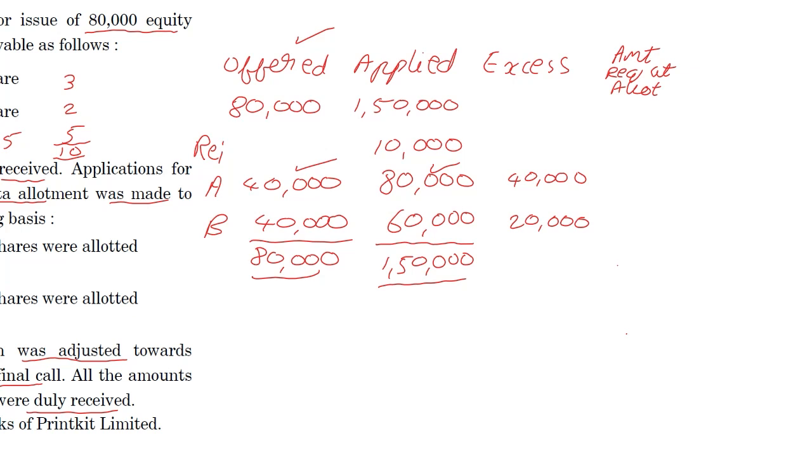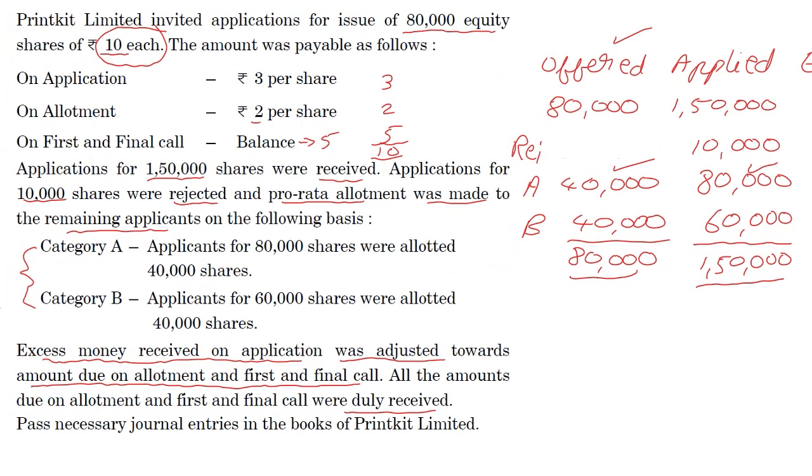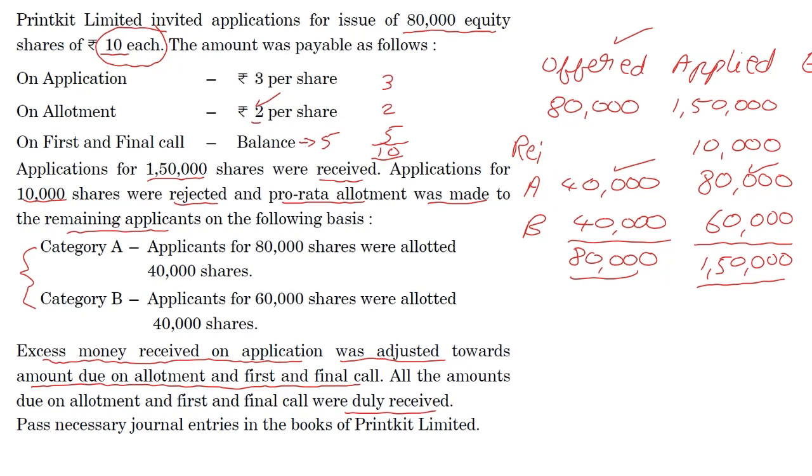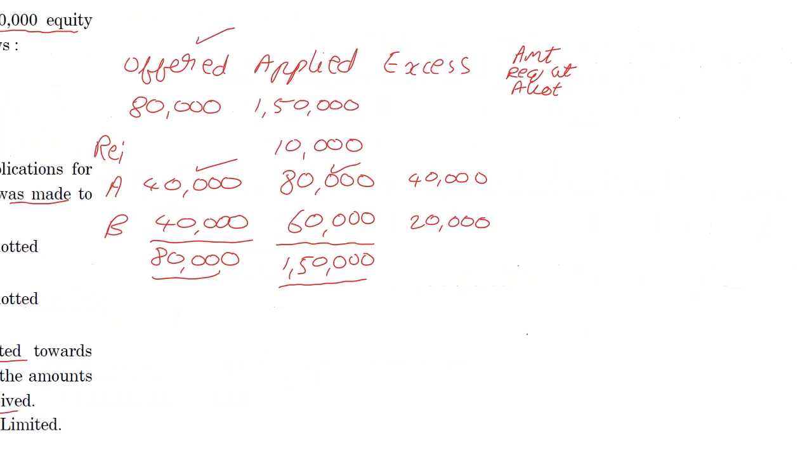So this offered column. It is 2 rupees per share, and therefore 2 into 40 and 2 into 40. That much is needed, so the amount needed is 80,000 and 80,000.